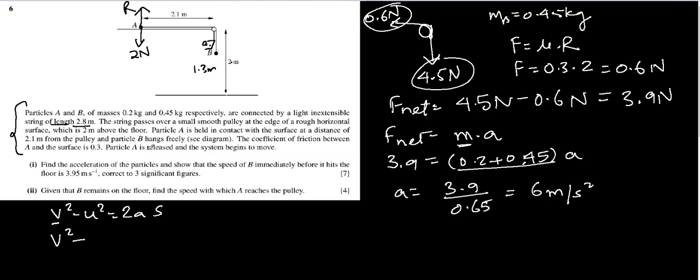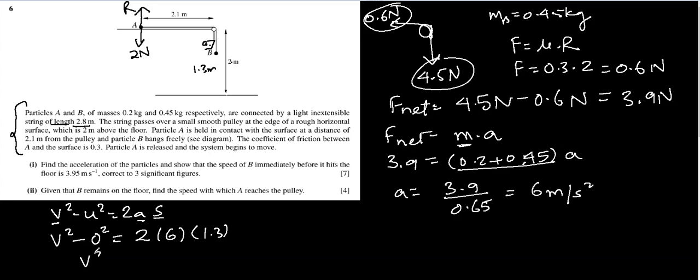They have written here that particle A is released. That means the initial velocity is 0. Release means just let go, and it was stationary earlier. So it will be 2 times acceleration, we know now 6, and the distance B will move before hitting the ground. We already know this is 1.3 meters. That's the distance it has to move.